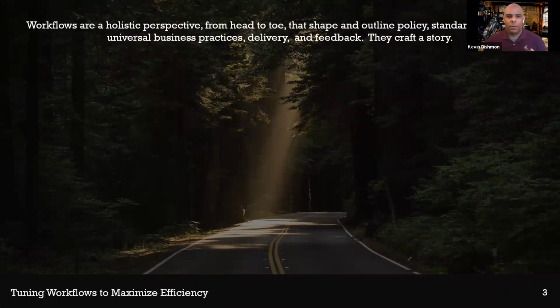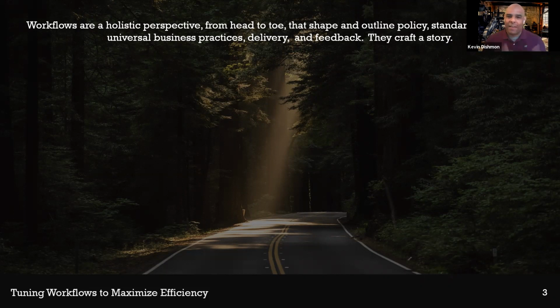First off, let's talk about workflows. It can be said that workflows are a holistic perspective from head to toe that shape and outline policies, standard procedures, universal business practices, delivery of those workflows, and the feedback that we receive in return to better ensure that those workflows are being successful. In effect, what we're saying is workflows craft a story, right?